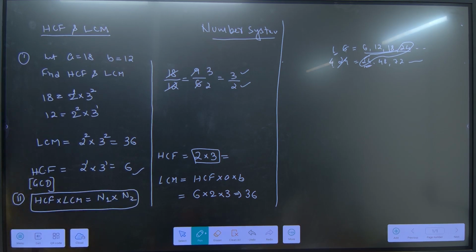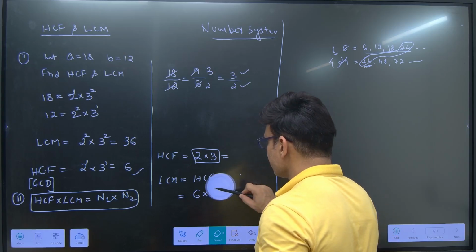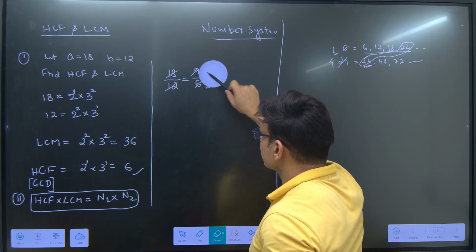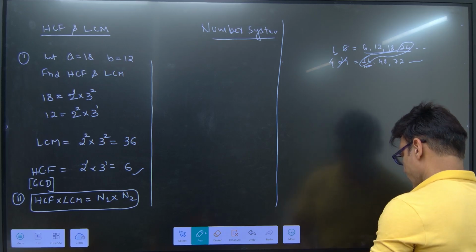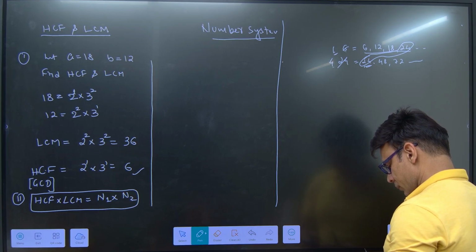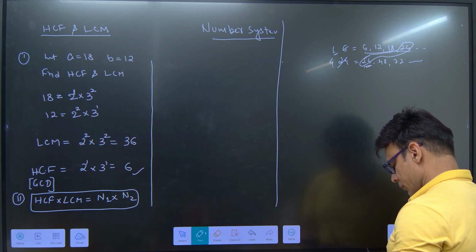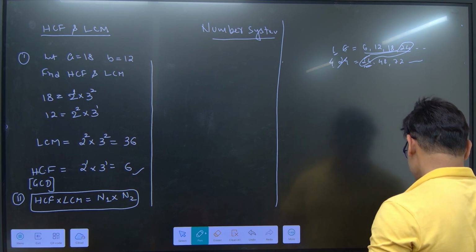This formula is only valid for two numbers, not more than two numbers. Done?